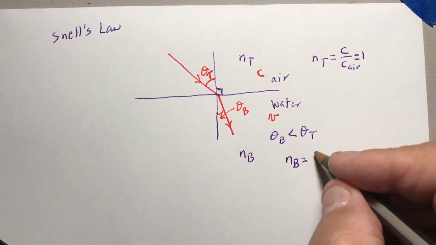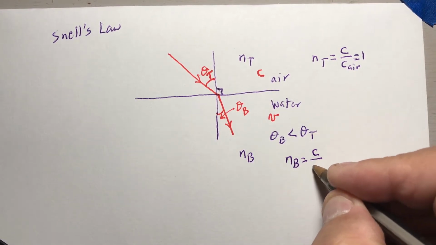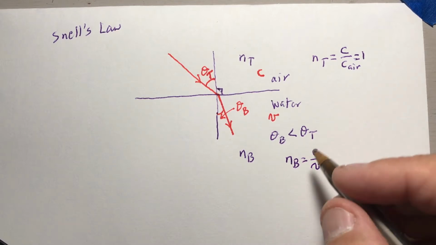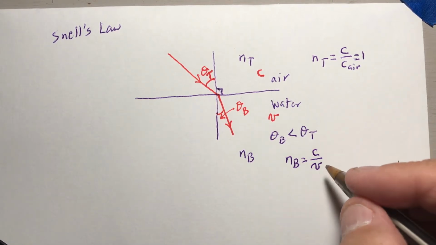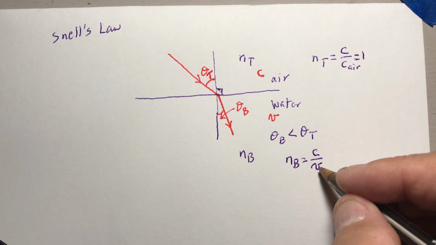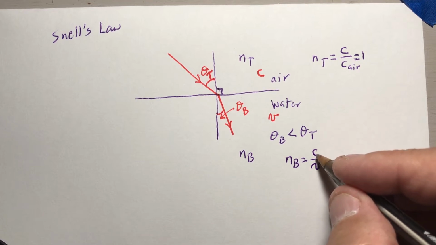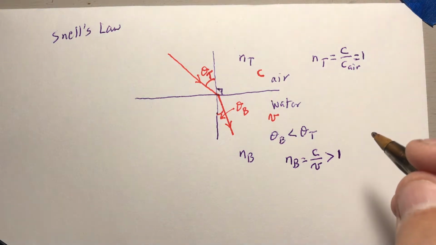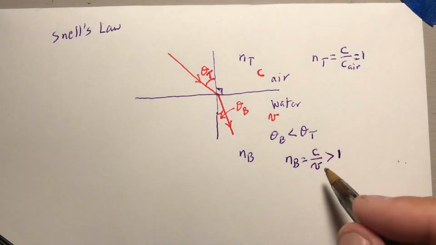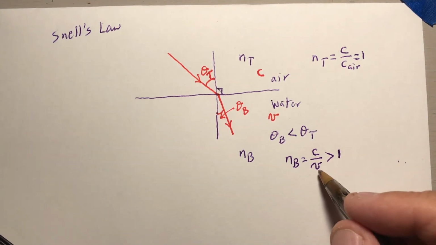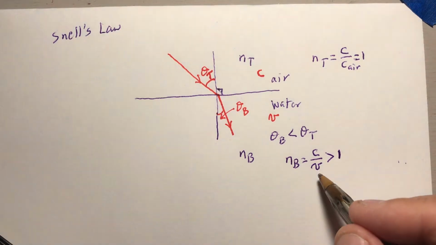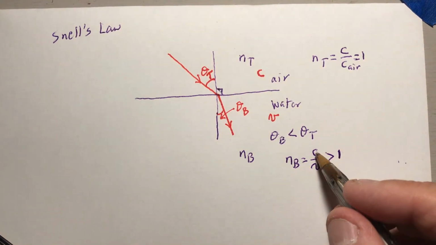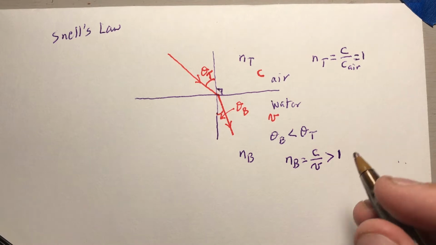The index of the water is the speed of light in the vacuum over the velocity of light in the water. This velocity of light in water is small compared to c. So actually this one is bigger than 1, because this velocity v of light in water is less than the speed of light c.